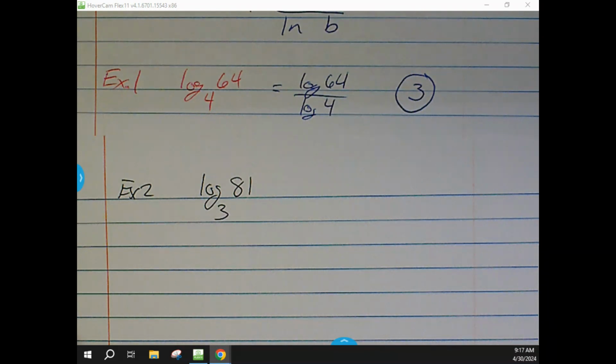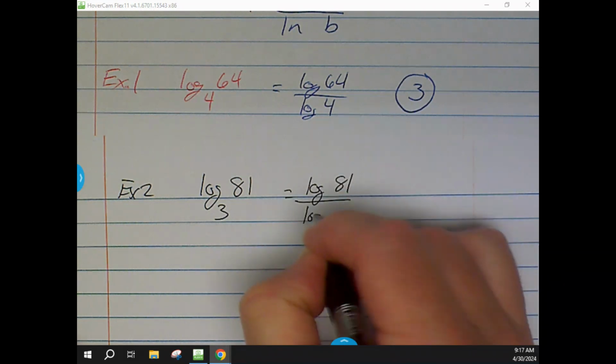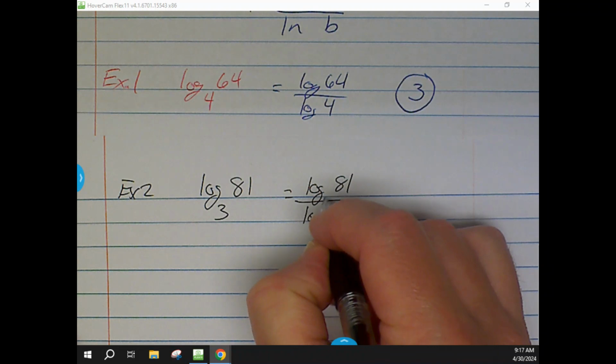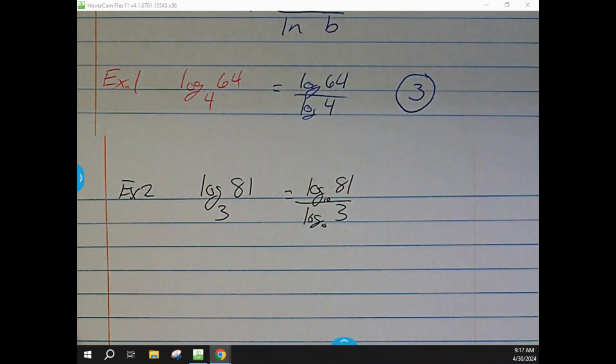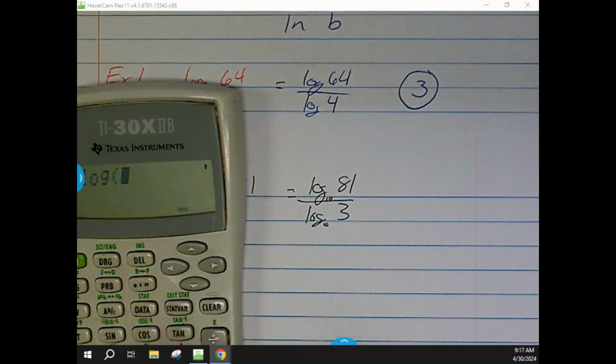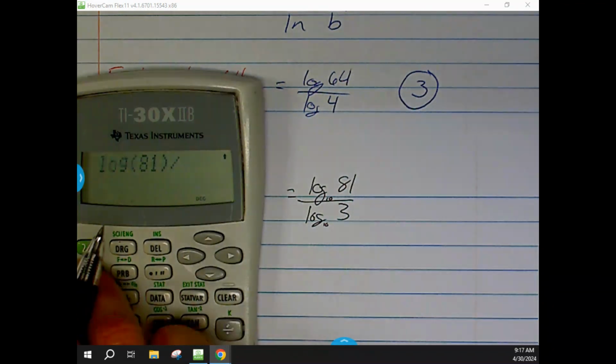And sometimes they will actually make you rewrite it with the change of base formula. So they might make you put log of 81 divided by log of 3. Sometimes they will, sometimes they won't. If they do, you have to put that in there. Technically that would be base 10 on both of those. But the main thing is that you're going to do log of 81, and again make sure you close off that parentheses so that you stop with that number and then divide it by the log of 3.